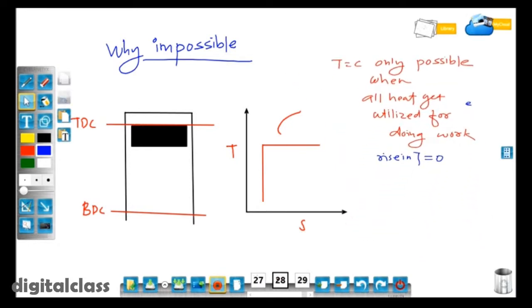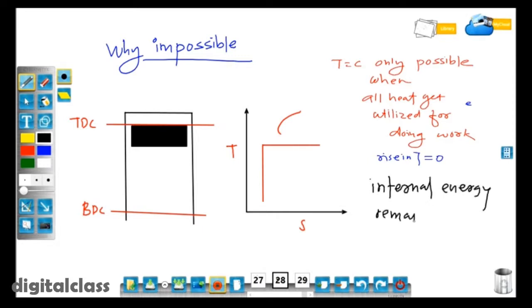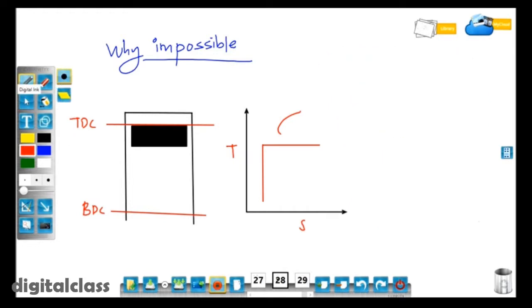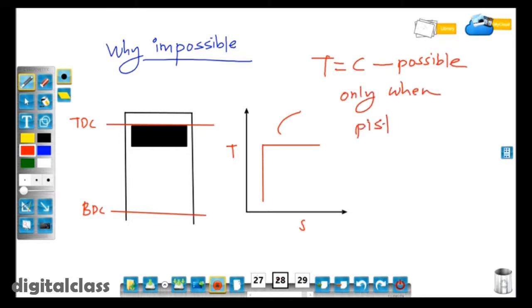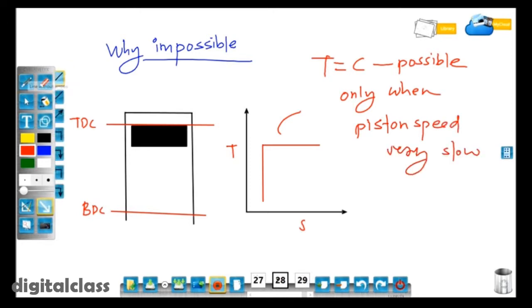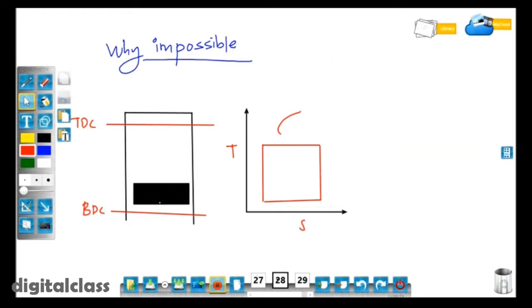So to keep the temperature constant, there must be no change in internal energy. And this is possible only when the piston speed is very slow. When the piston moves very slowly from TDC to BDC, there is time for achieving thermal equilibrium, meaning the temperature becomes equal to the surroundings.